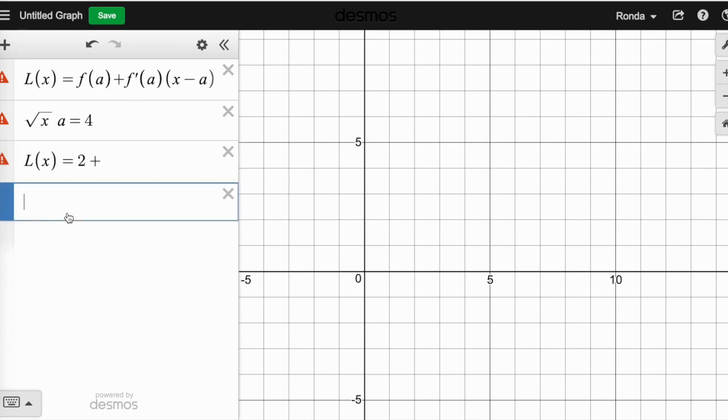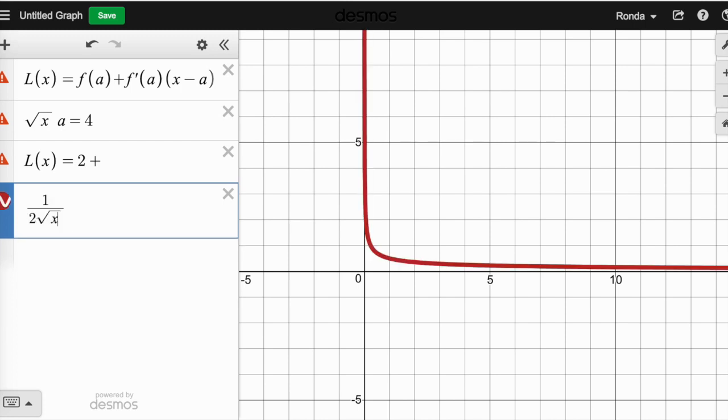Okay, so now f prime. If this is f, then the derivative of x to the 1/2 is 1/2 x to the negative 1/2, which I'm going to write as 1 over 2 square root of x. So that is my derivative. So when I plug in 4, my f prime of a, if I plug in 4 down here, I'm going to get 1 over 2 times the square root of 4.